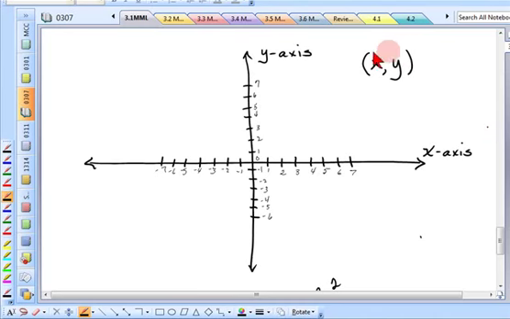This naming of a location is called an ordered pair. And that's a good name for it because it is a pair of numbers and the order is significant. X, then Y. Sometimes these are called coordinates.